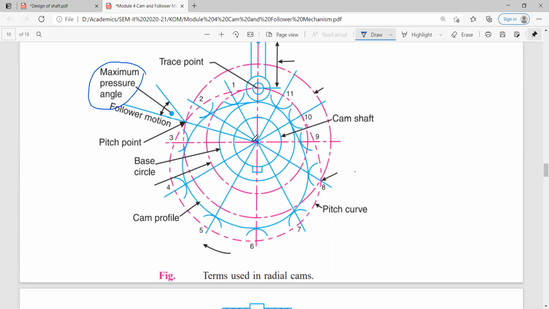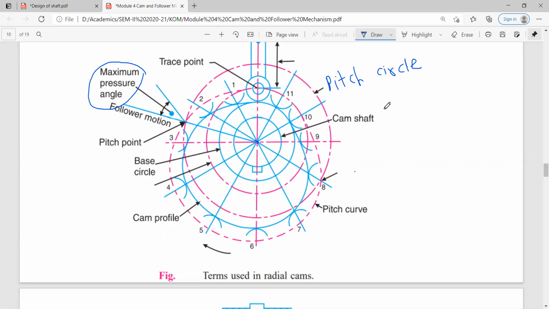I joined the pitch point and center, took it as radius and drew this circle. So this circle will be the pitch circle. Getting what is pitch circle, pitch point?